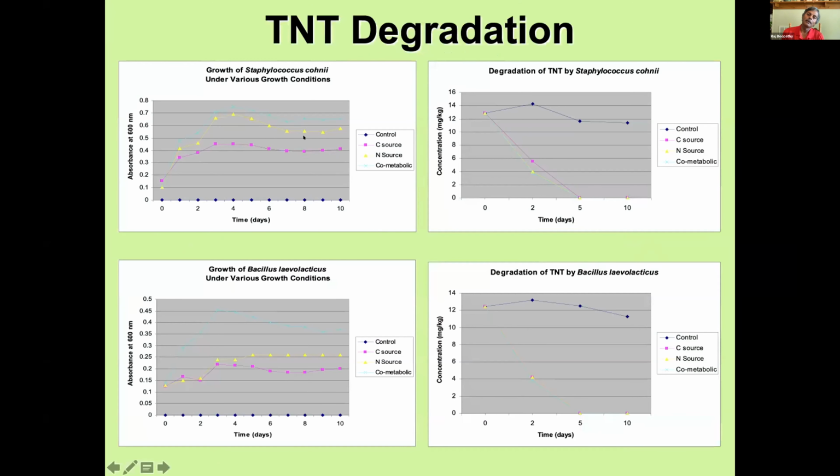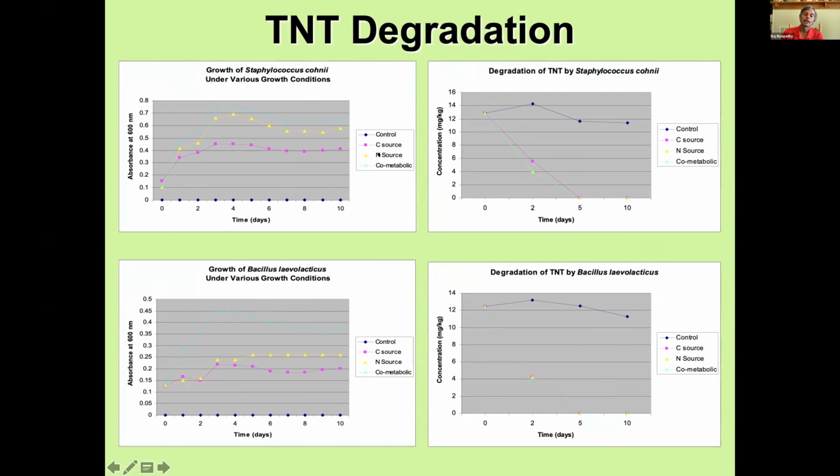Here's the staph, here's the bacillus. When you provide TNT as sole carbon source, the bacteria are able to grow on TNT as sole carbon source. The reason they didn't degrade is that the conditions were not right at the site. But when you provide the right conditions, with the right amount of nitrogen, phosphorus, and pH, they all grow.